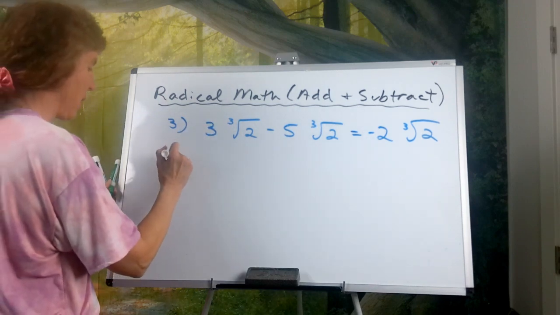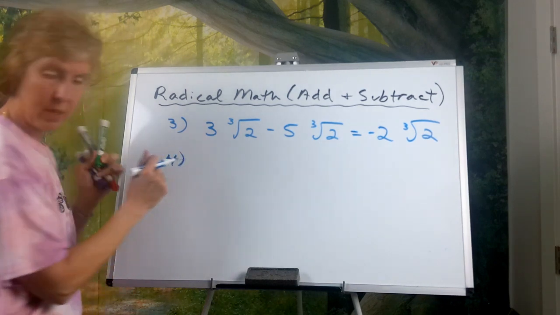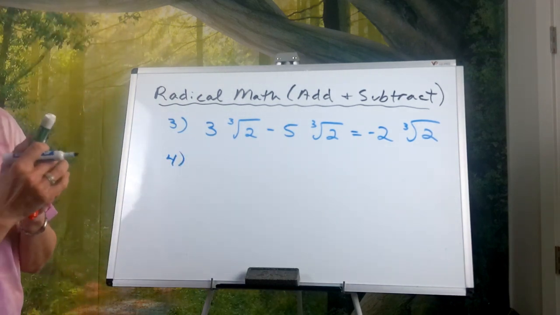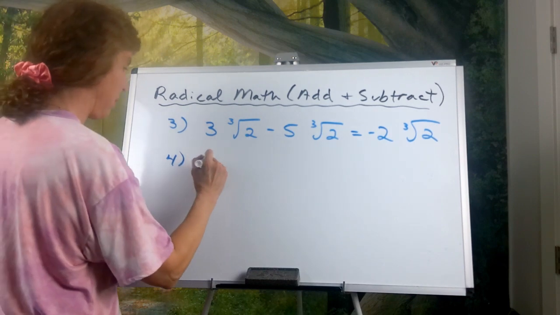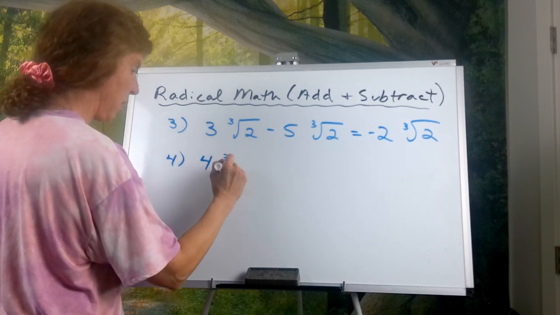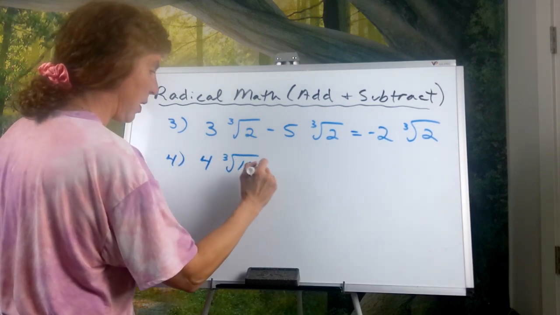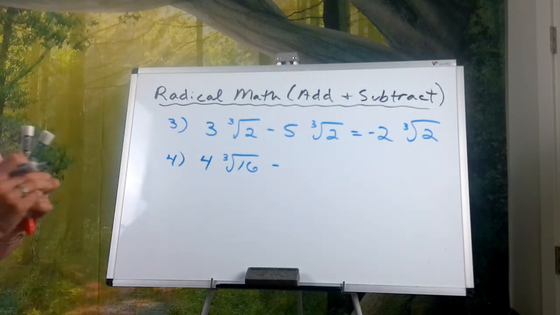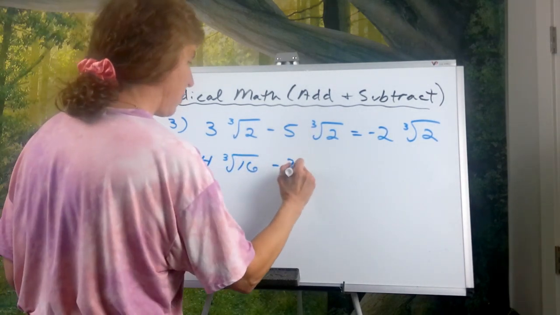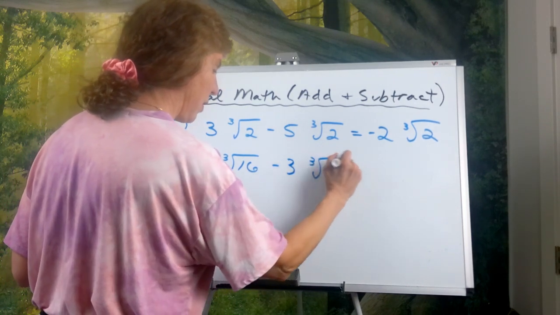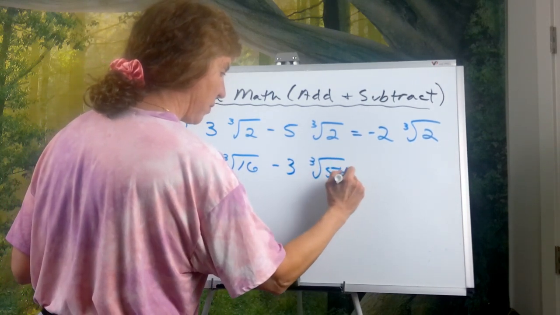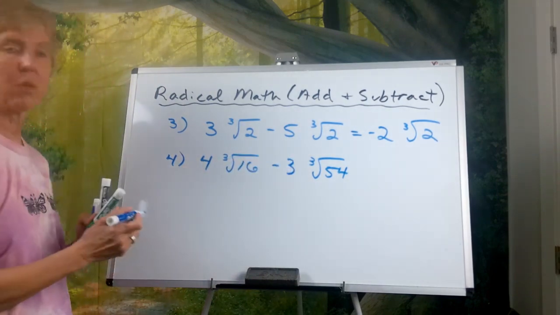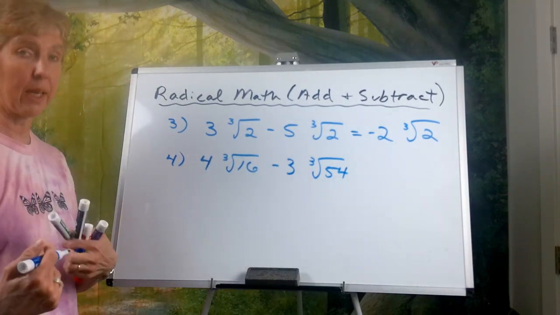Okay? So if we choose another example, I'm going to do 4 cube root 16 minus 3 cube root 54. Okay, again, they don't look alike yet.